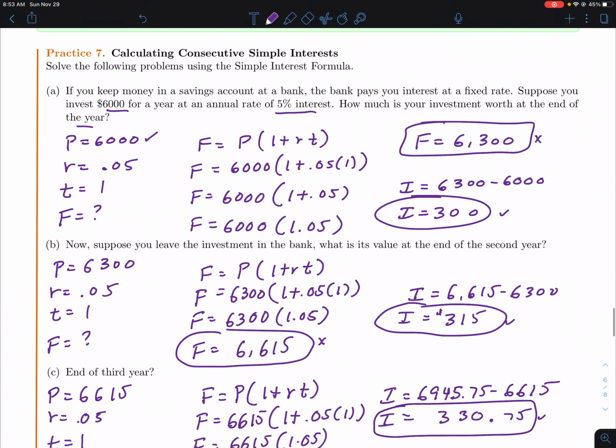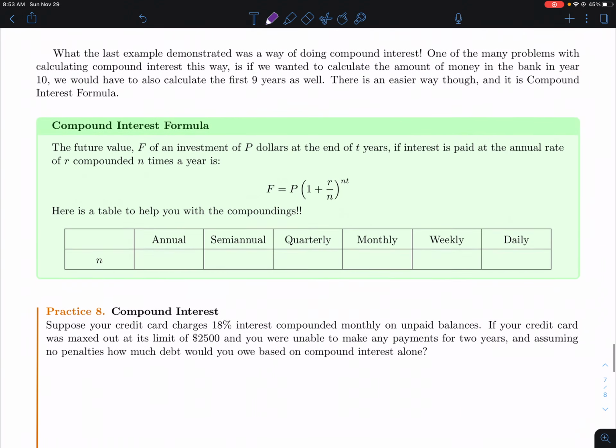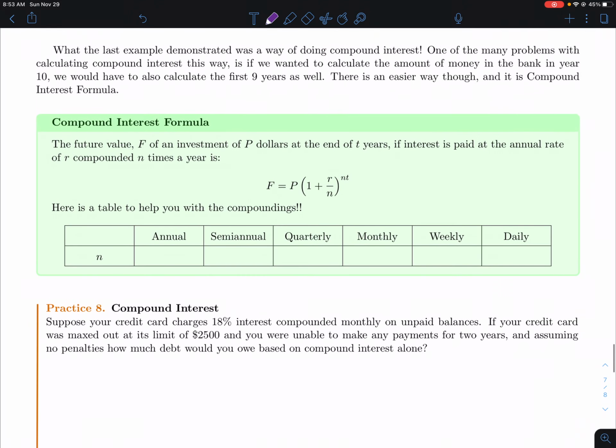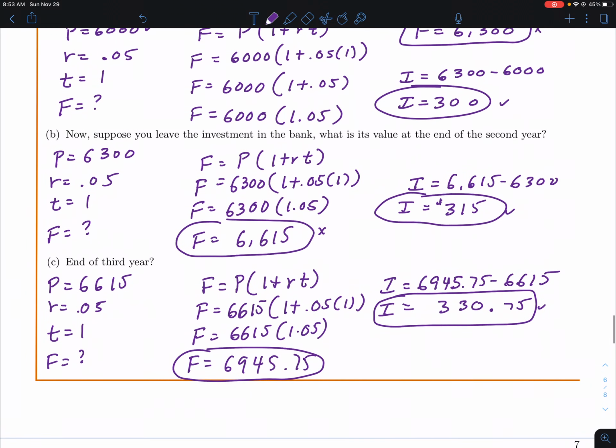And so what this is actually doing is calculating what's called the compound interest. So it's compounding this every year, and it just kind of keeps going on and on for different years and stuff like that. So what we want to do is go through and actually talk about formally compound interest, because the problem with the way we're doing it is, say we wanted to figure out what the interest was that we earned in year 10.